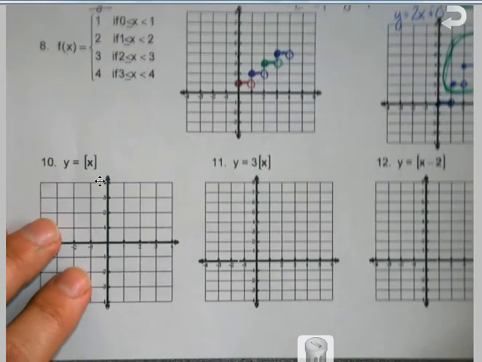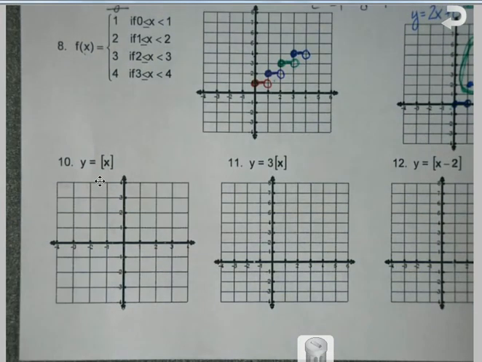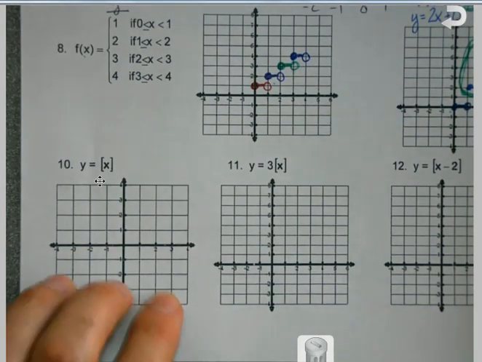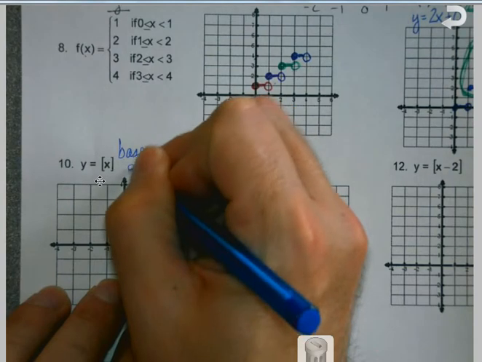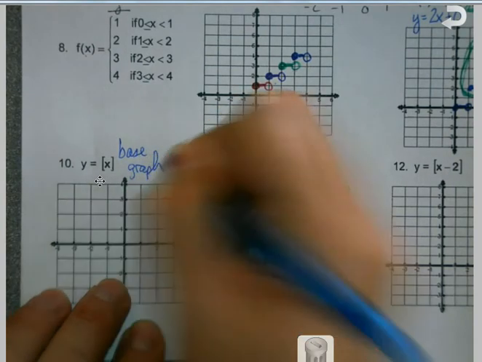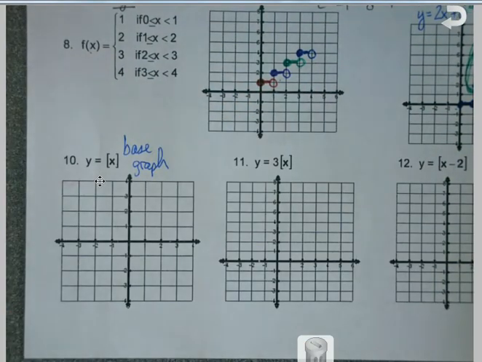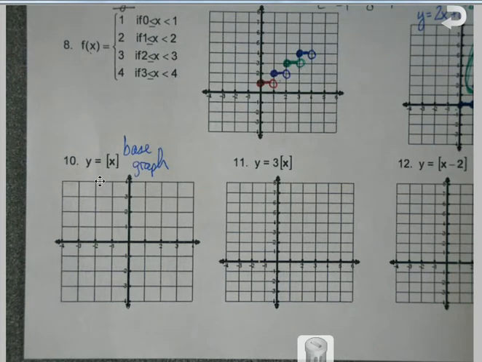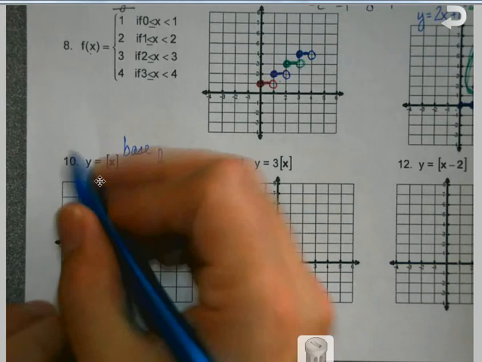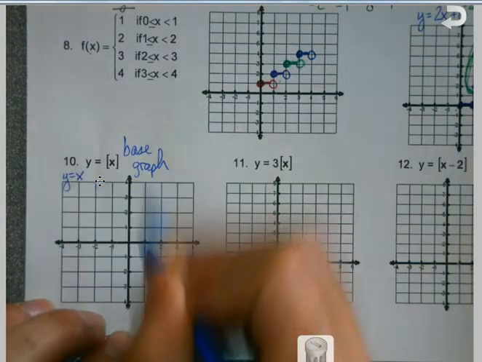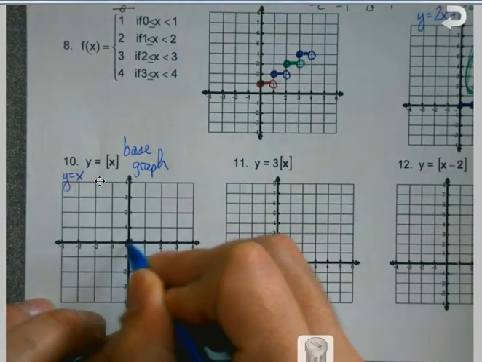Now, if there's no restrictions, these are going to be the ones that we love, like the next ones in the group here. Because here, again, I'm going to treat this, and this is what we call our base graph, because there's even ways to do shifts on these. Basically, we're going to graph this like we would graph the line y equals x. Well, if I had the equation y equals x, my intercept would be at 0.